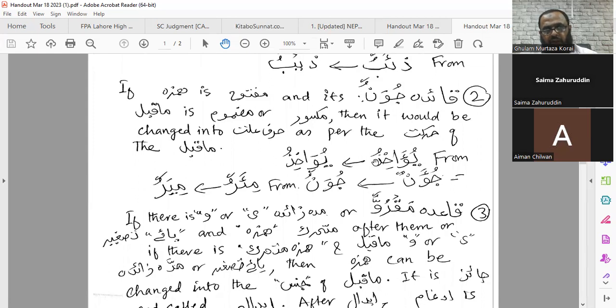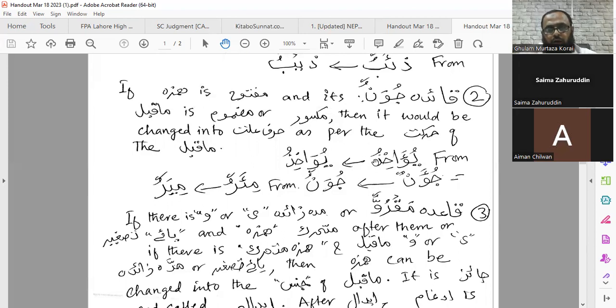And it says if there is hamza in the kalima and it is maftuh, and its ma qabal is either mazmum or maksur, meaning the ma qabal should be mutaharrik with either zamma or kasra, then that hamza would be changed into harf illat as per the harakat of the ma qabal.